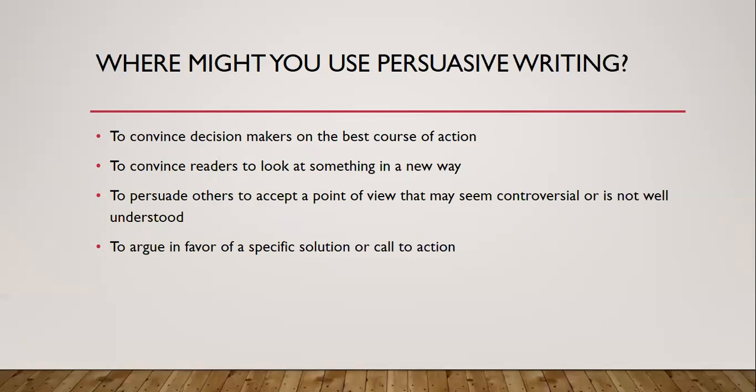Where might you use persuasive writing? One very common way is to convince decision makers on the best course of action. Decision makers can be people in your company, managers, executives, others who are empowered to make decisions that affect the company.